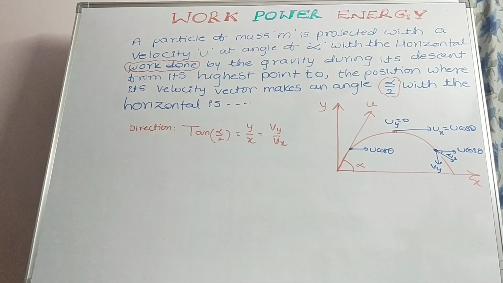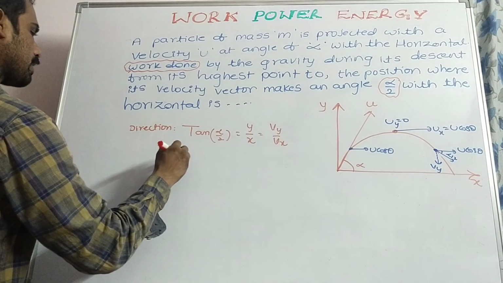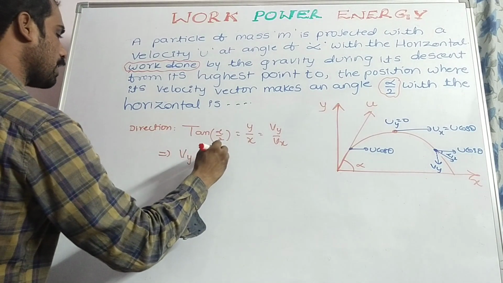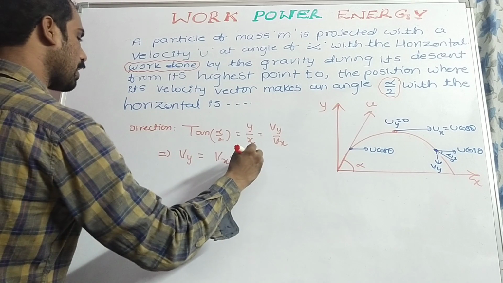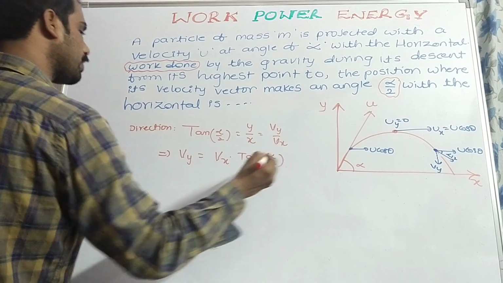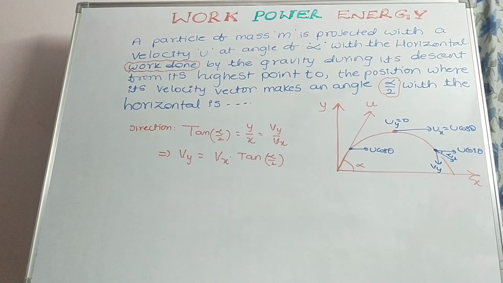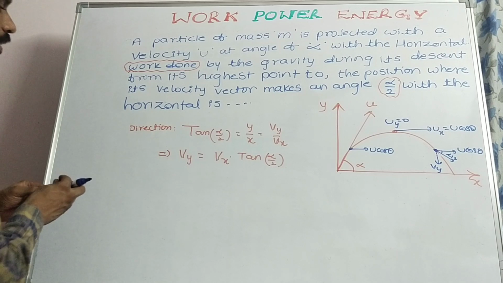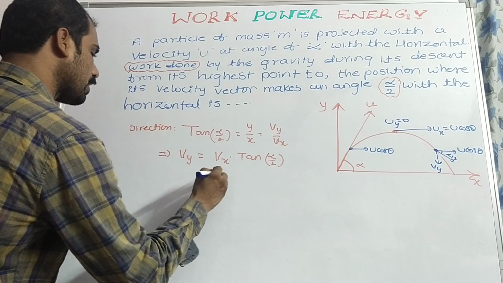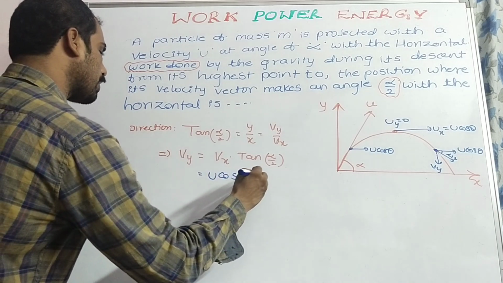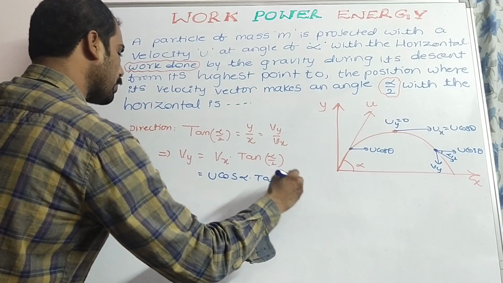Tan alpha by 2 is equal to vy by vx. That implies vy can be written as vx into tan alpha by 2. But everywhere we know vx is nothing but u cos alpha only. So vy is u cos alpha into tan alpha by 2.